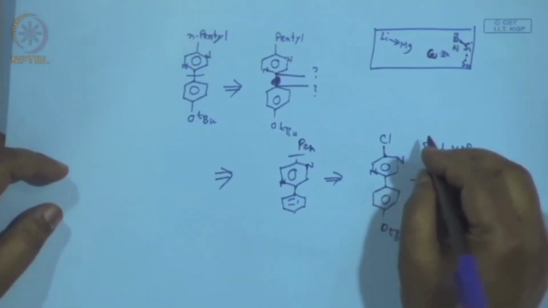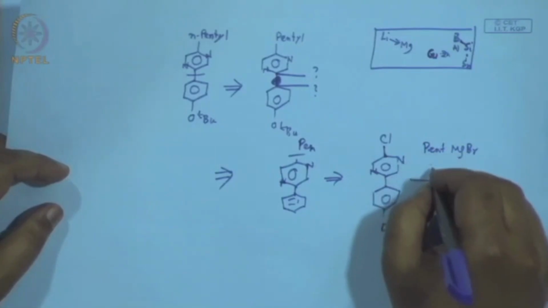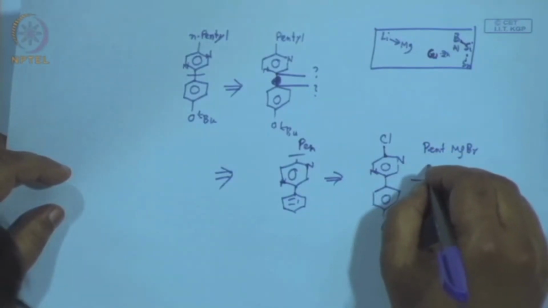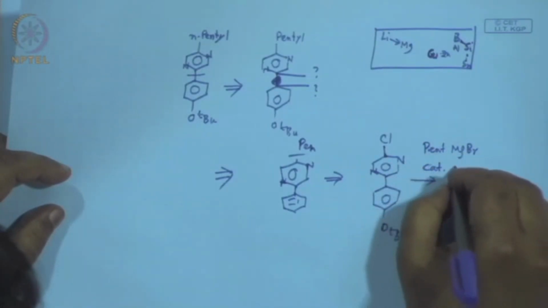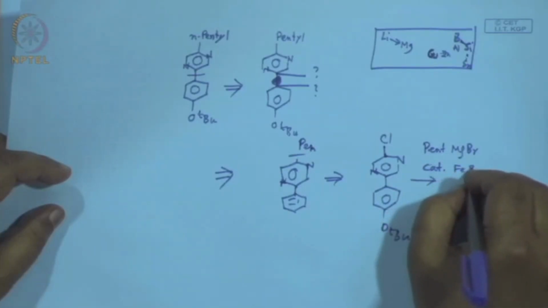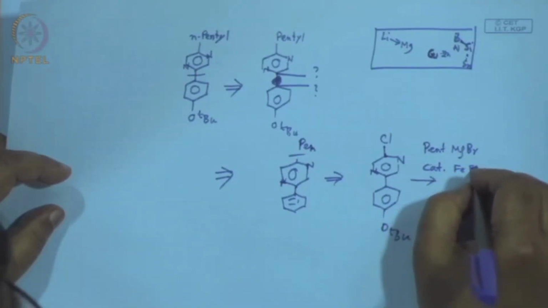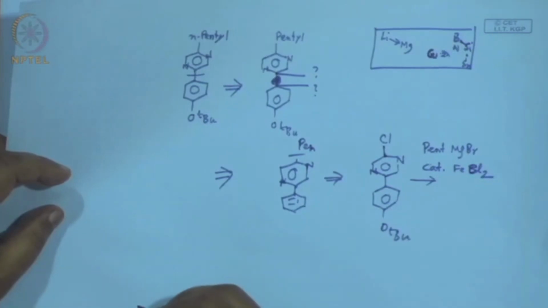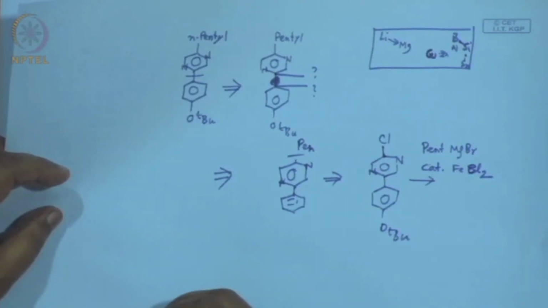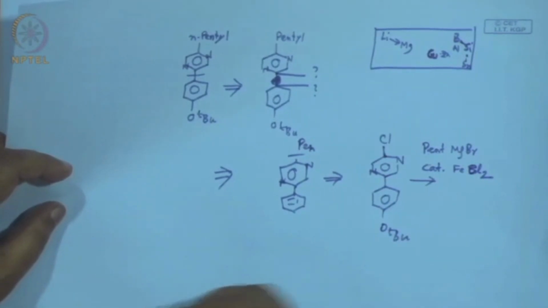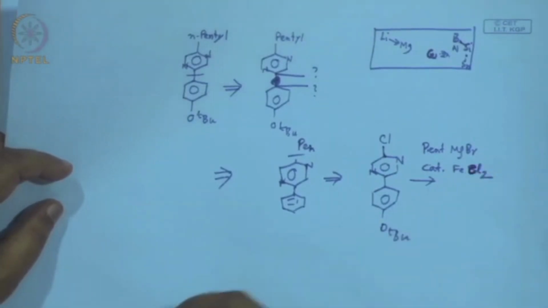And in this example, in the patent literature, very interestingly, they use a catalytic amount of ferrous chloride, less expensive than commercially available ferrous chloride.